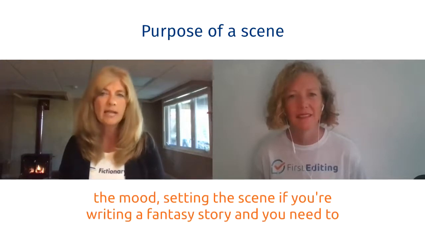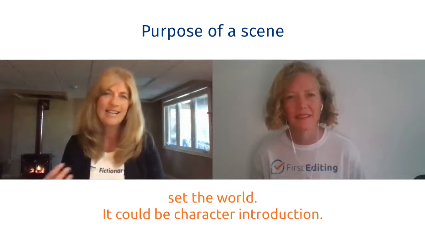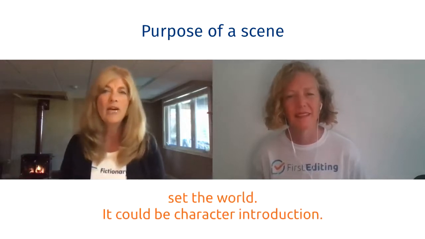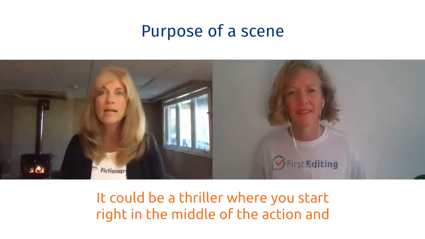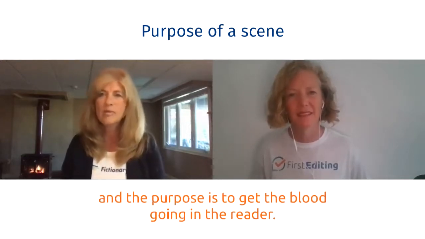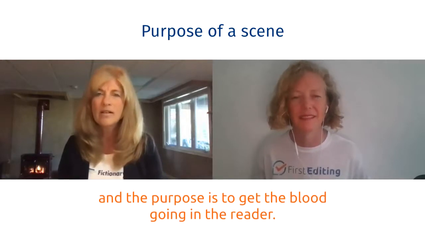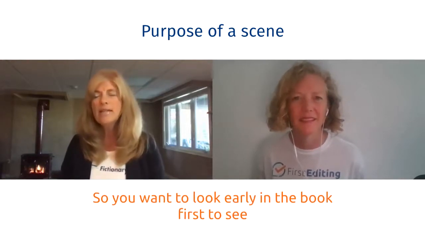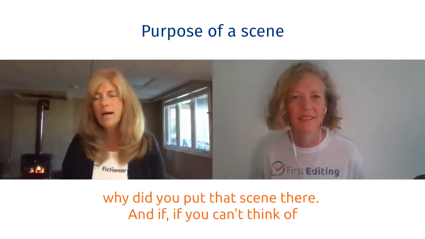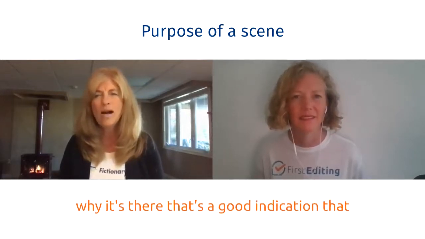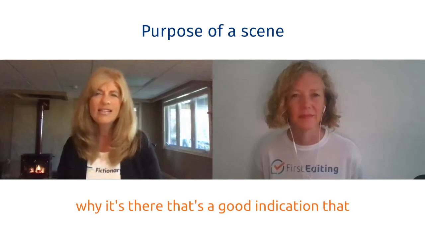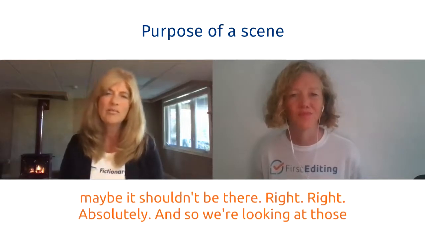It could be setting the mood, setting the scene. If you're writing a fantasy story and you need to set the world, it could be character introduction. It could be a thriller where you start right in the middle of the action, and the purpose is to get the blood going in the reader. So you want to look early in the book first to see, why did you put that scene there? And if you can't think of why it's there, that's a good indication that maybe it shouldn't be there.